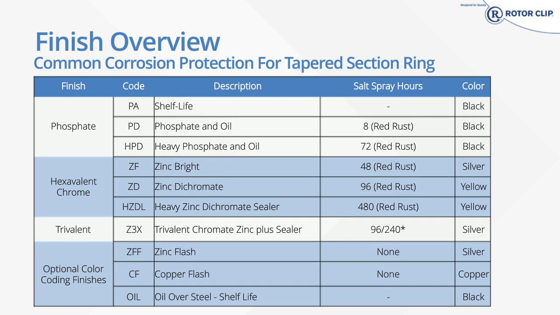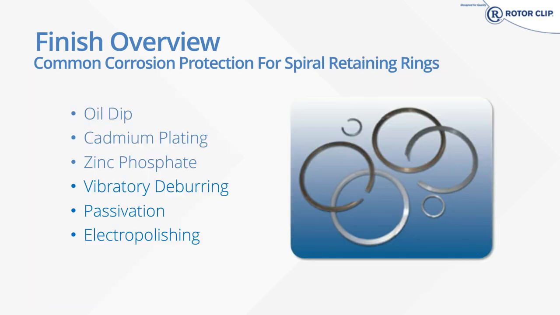Below that, we have a couple of color-only options, zinc flash, copper flash, and then our standard oil that gives you shelf life protection. Copper flash and the zinc flash are great for camera systems if you need a visual of whether a part has been installed correctly. And finally, on our spiral type rings, we offer oil dip as our standard for carbon steel.